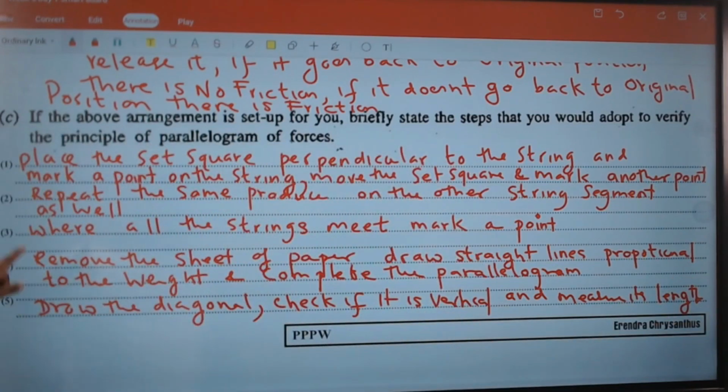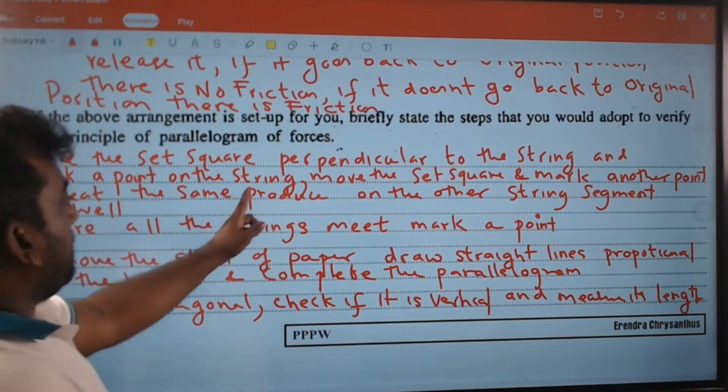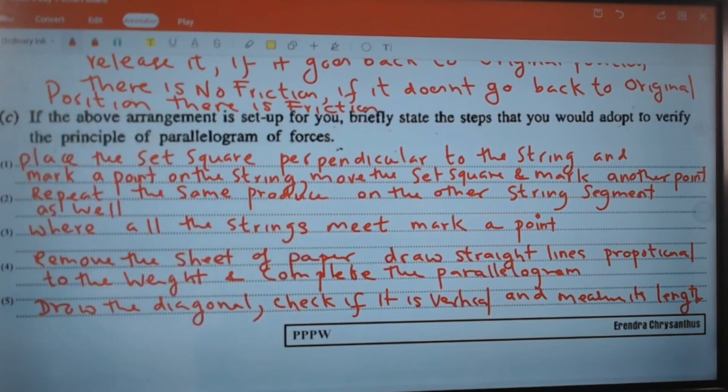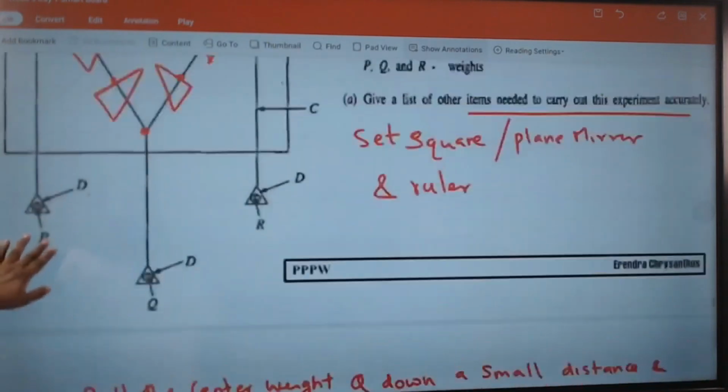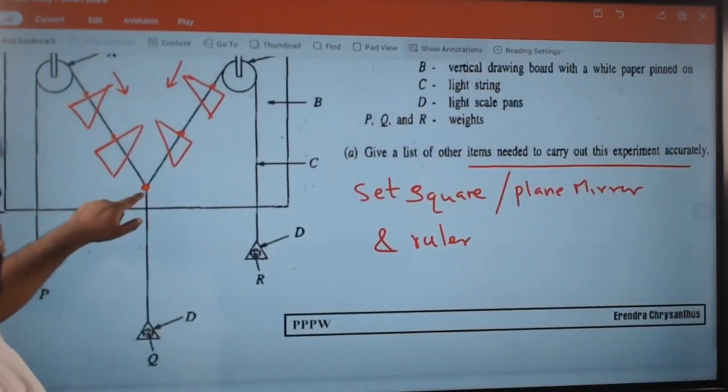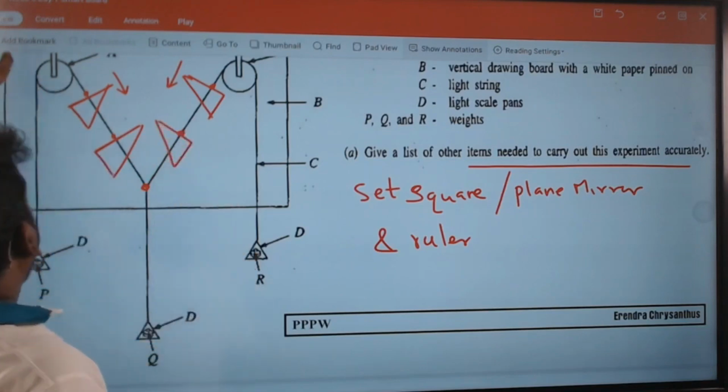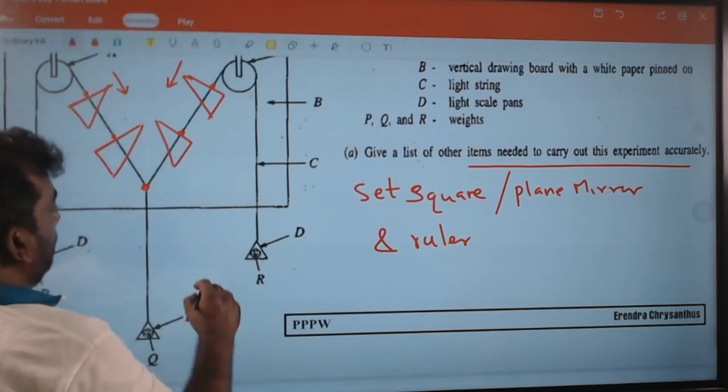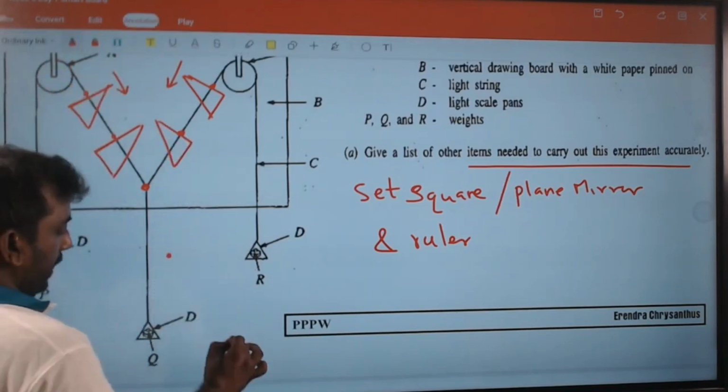So again, look. Place the set square perpendicular to the string and mark a point on the string, and move the set square and mark another point. Repeat the same procedure on the next string segment. Where all the string segments meet, mark a point. Remove the sheet of paper. You will have 3 points like this.